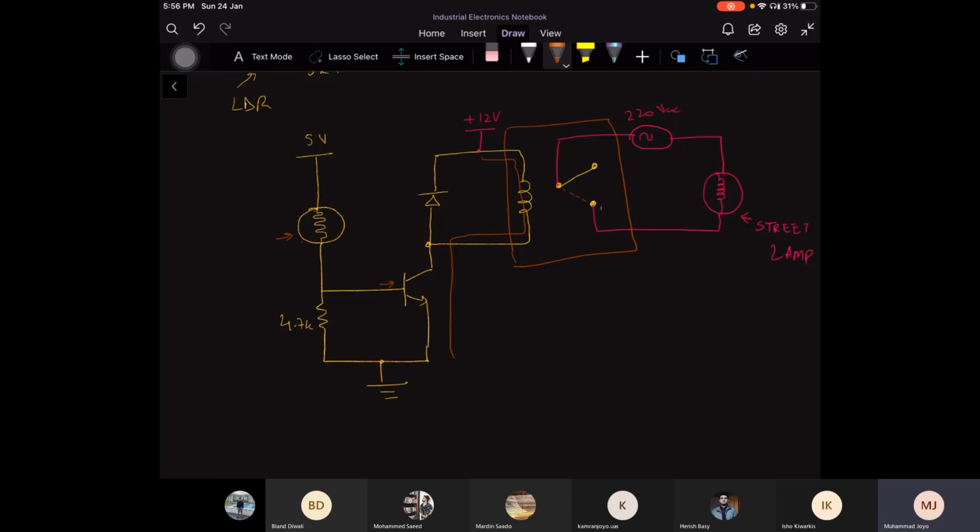We can actually tune this input by making this resistance variable. This resistor is also variable, and the other resistance, let's say R1, is also variable. We can change the sensitivity of the circuit.